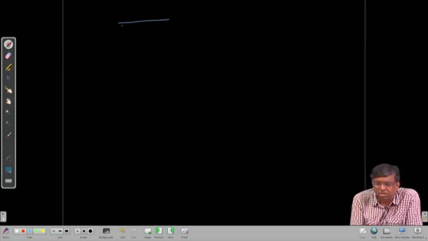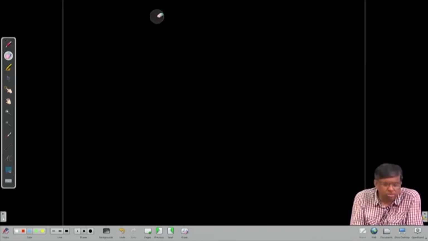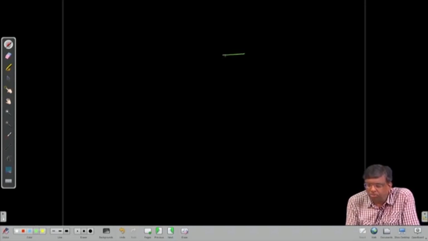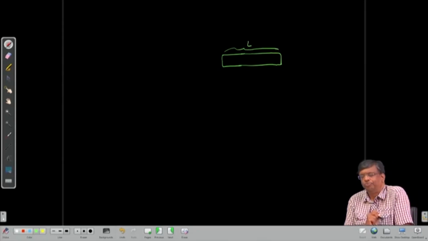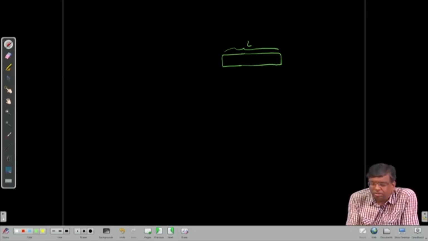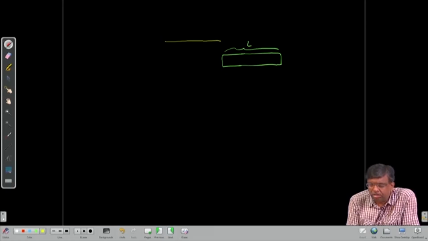That is, suppose your original block is this, one particular block of length L, all right, length L. But in the previous block is here, actually they are in the same line, I am showing it separately.